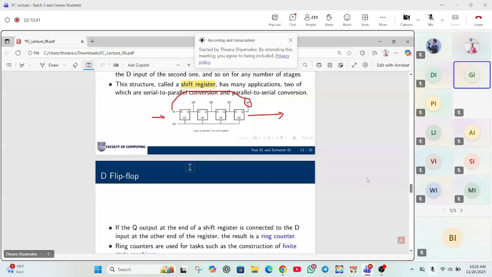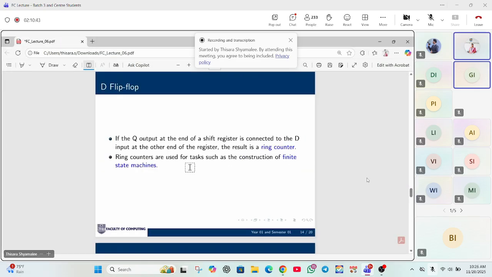And just one more thing, Miss, what is the D latch actually used for? Can you give a practical example of how it's used? Actually, the flip-flop and both latches are used to store single bits.